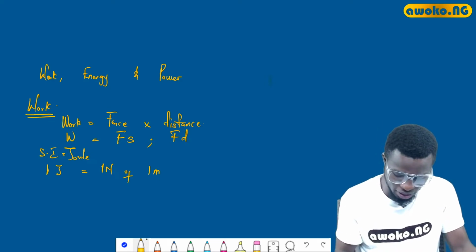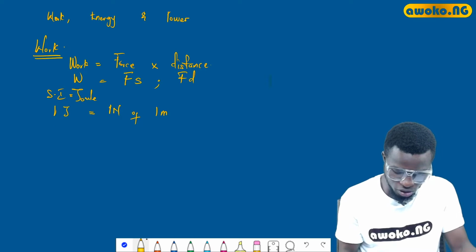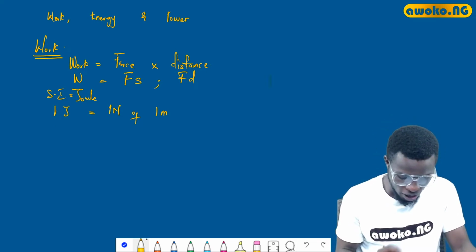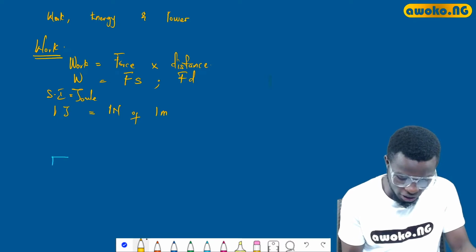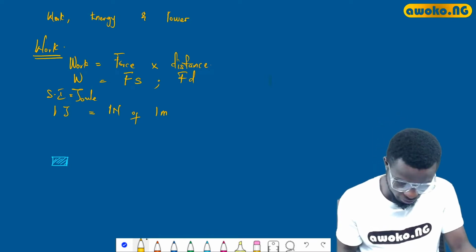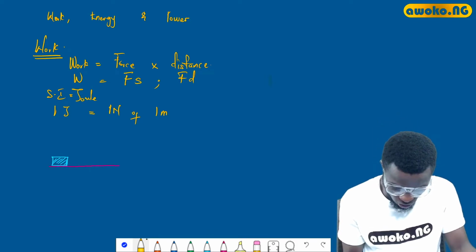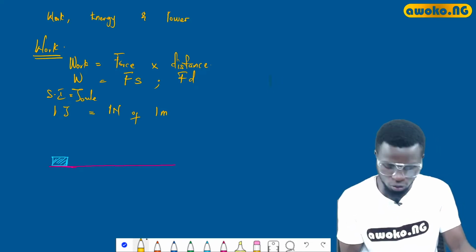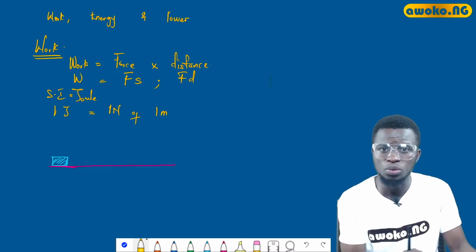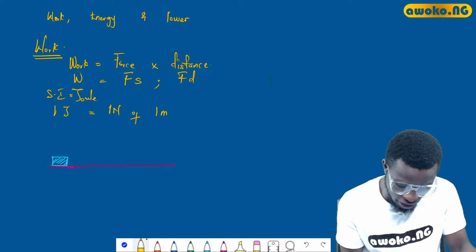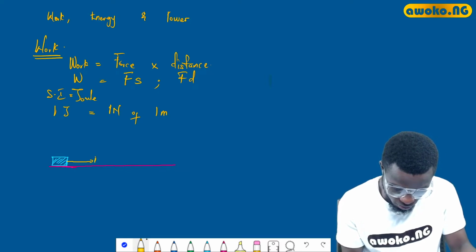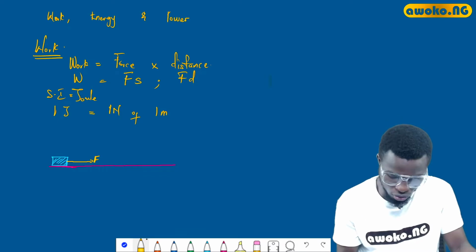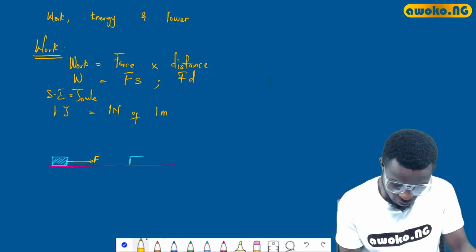Now let us take a pictorial or diagrammatical representation of what we are trying to talk about. Let's say we have an object lying on a horizontal plane. A particular force compels this body to be moved along this horizontal plane in this direction. Let's say this is the force F, and it moves it to this particular point.